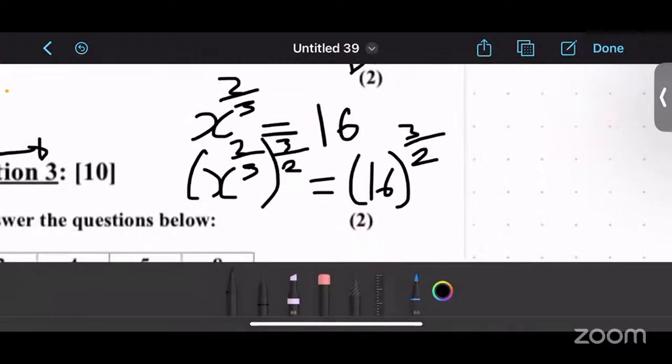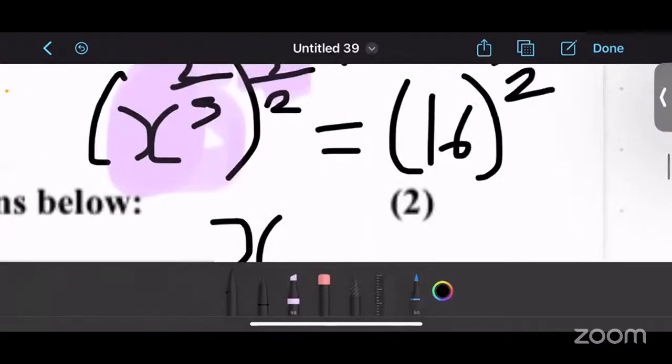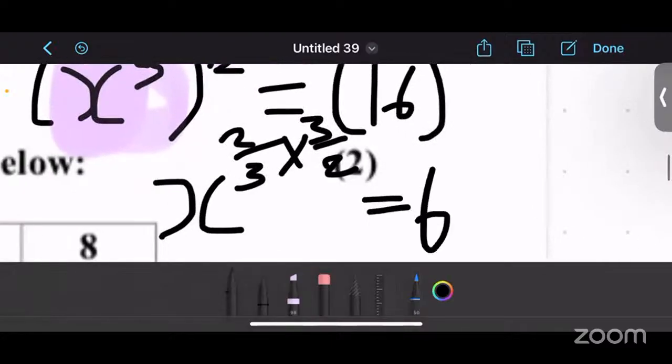Remember I said this exponent over here is going to multiply all the exponents inside the bracket. So I'm going to have x to the power of 2 over 3 multiplied by 3 over 2 equal to 16 to the power of 3 over 2.